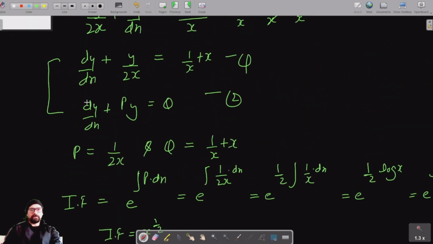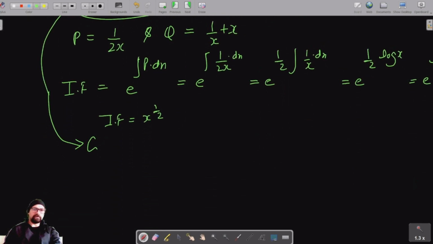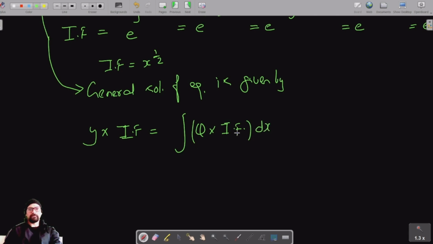Now, for this form, the general solution of this differential equation is given by the formula. Let's write down the formula. So this is y into integrating factor is equal to the integration of q into integrating factor into dx.